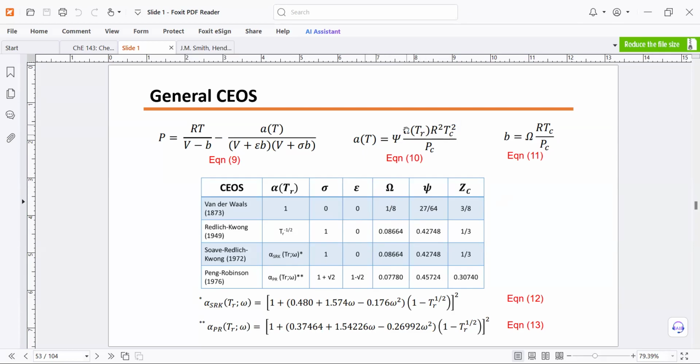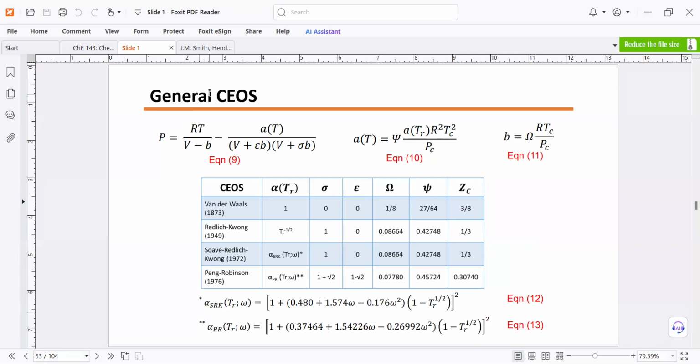And how do we get this? We also have alpha. This should be alpha, not A. Alpha, as a function of the reduced temperature, is calculated using these equations at the bottom. So we need the reduced temperature and therefore the critical temperature to calculate that, and the acentric factor.